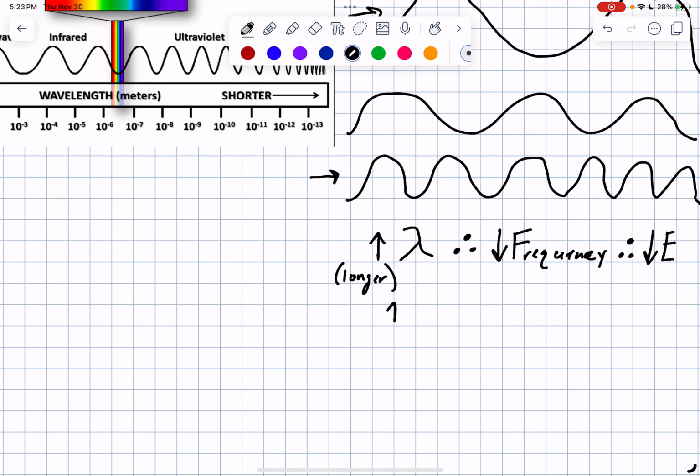So, long wavelength, low energy. The shorter the wavelength, the higher the frequency, so that means we're going to require more energy.